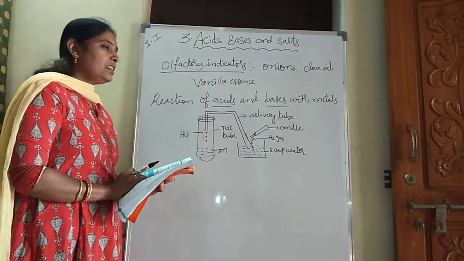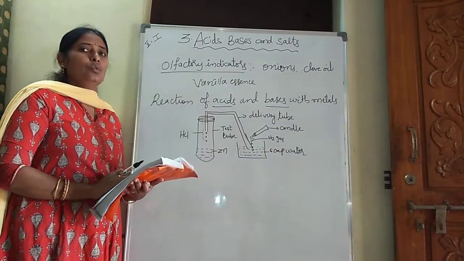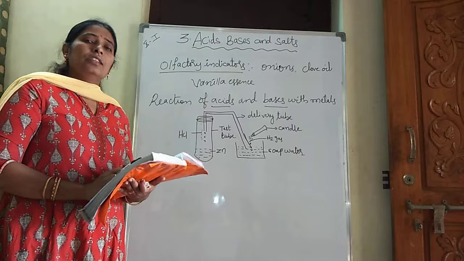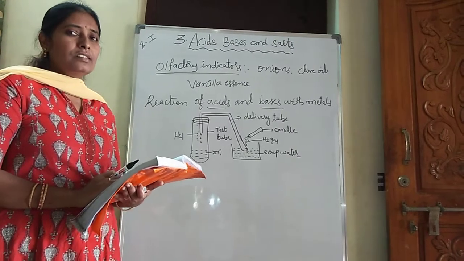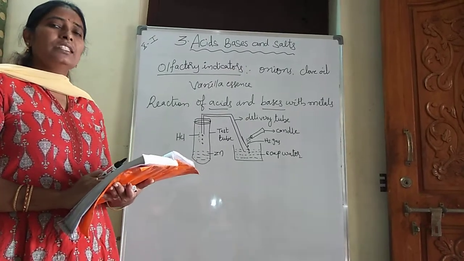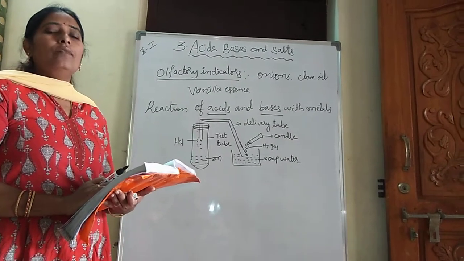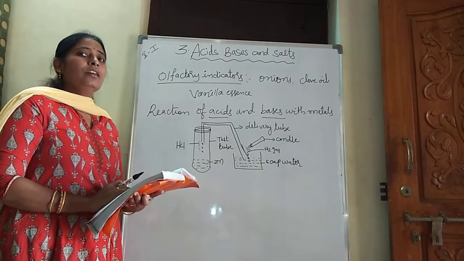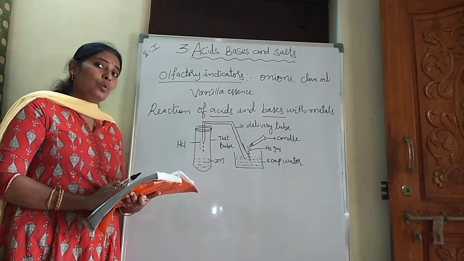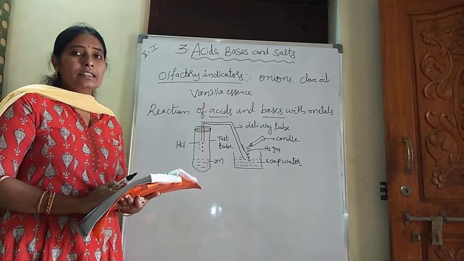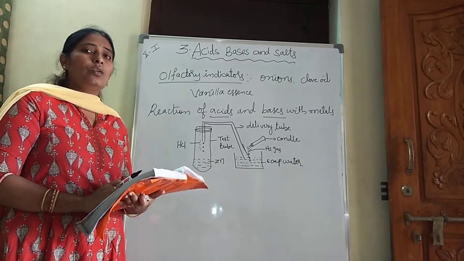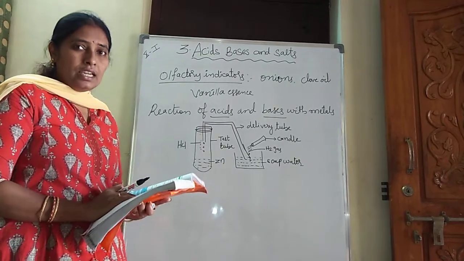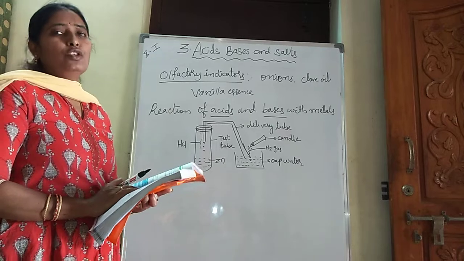What is an olfactory indicator? The substance whose odor, meaning smell, changes in acidic or basic medium is known as an olfactory indicator. Once again, substances whose odor changes in acidic or basic media are known as olfactory indicators. Here we are using an onion.